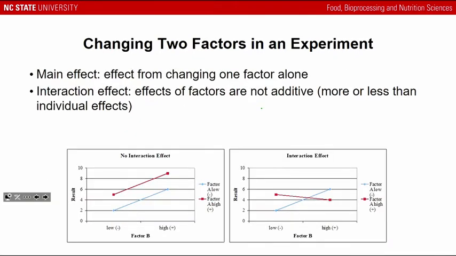So if we visualize that here, if we look at the first one where there's no interaction effect, we have factor B, where it's either low or high. Those were the treatments. We only had an A of 2 treatments. And if we have factor A, where the blue one is the low treatment, so let's say this is calcium as factor B, and factor B is vitamin D. So in this case, if you consume higher amounts of calcium, you get more nutrient absorption.